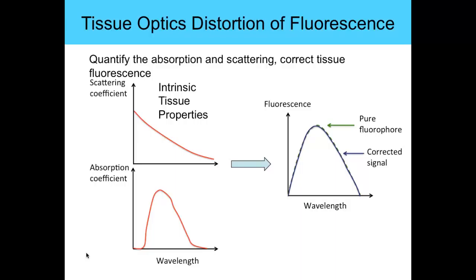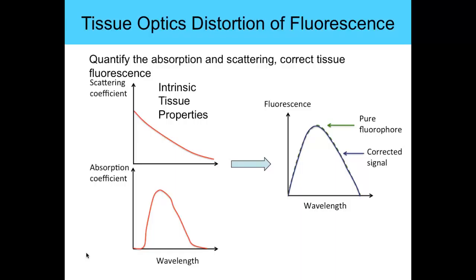And so many people are now recognizing this and trying to do it. And in the process, what you get from that correction, not only can you quantify the fluorophore and the absorbers and the scatterers, you can also deduce where the fluorophore is located. So these are rapidly moving and emerging types of approaches.